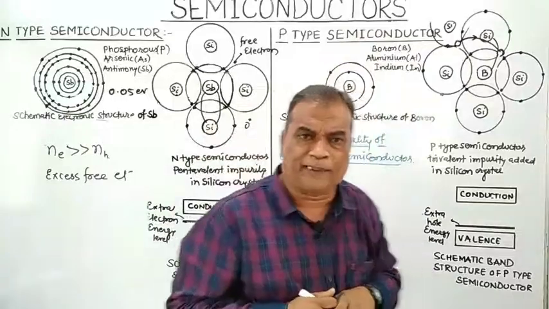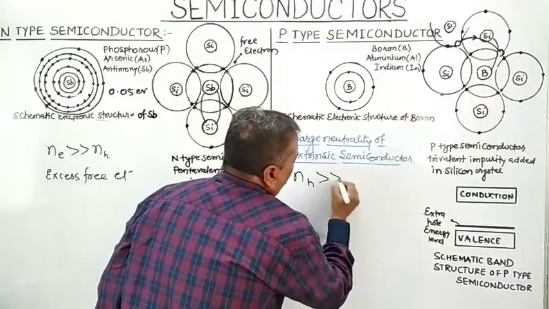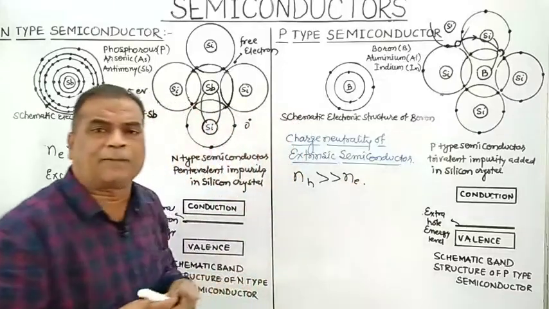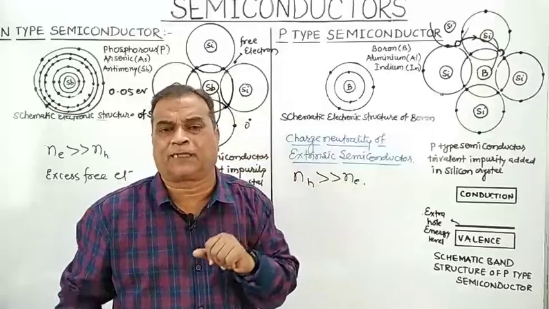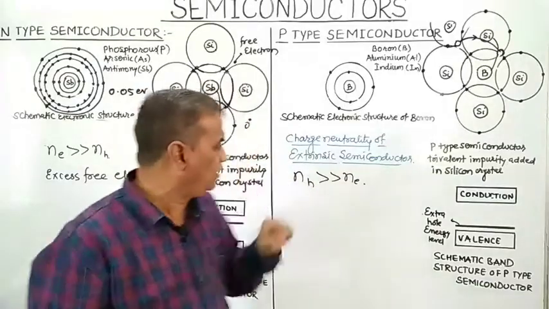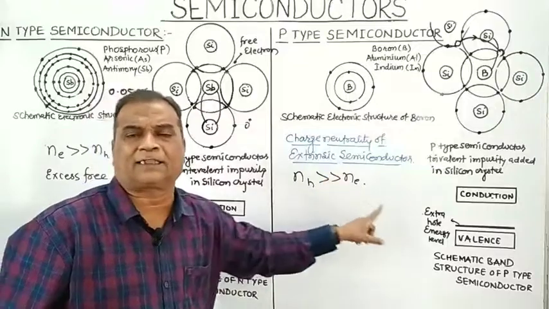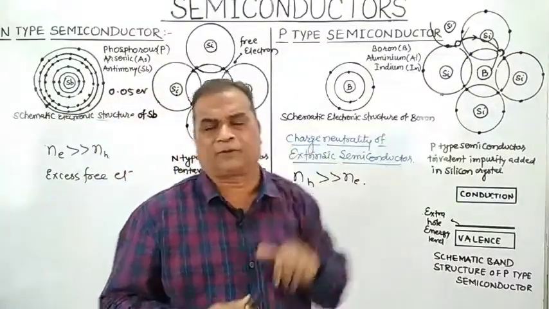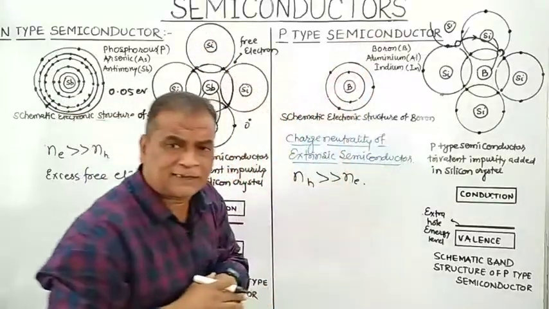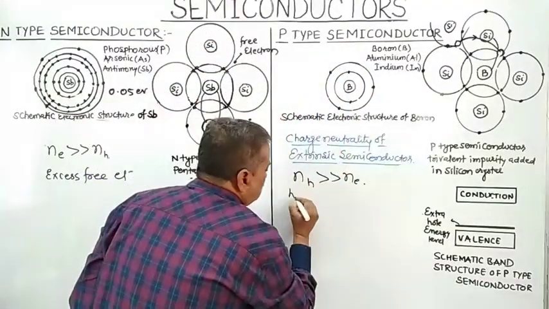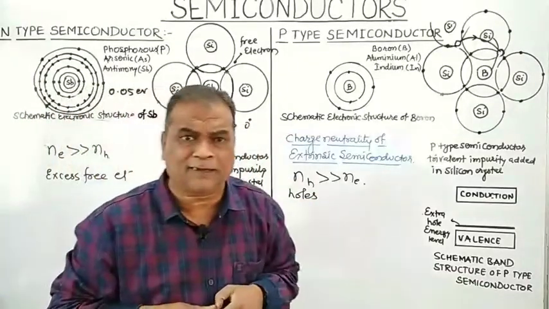Similarly, in a P-type semiconductor, we know that Nh is much greater than Ne. That is, the number density of holes is much greater as compared to that of electrons. That is, the number of holes per unit volume is larger as compared to the number of free electrons per unit volume. Means in a P-type extrinsic semiconductor, excess holes are there. Holes are nothing but positive charges.